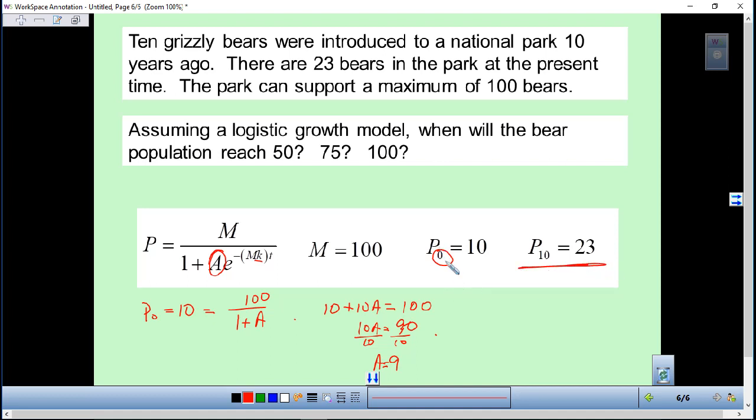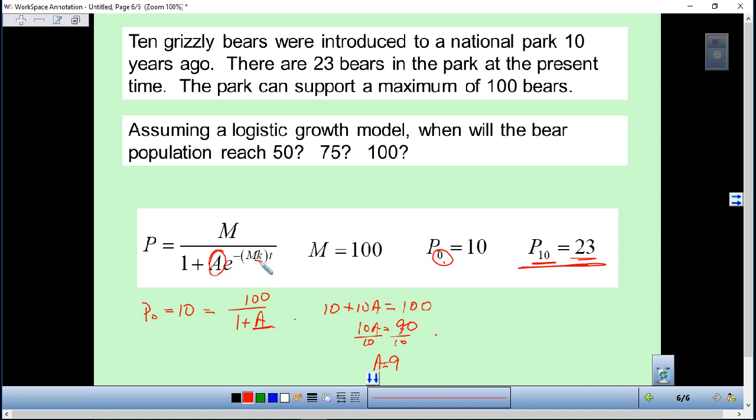So we use the initial condition to find out what a is. Then we're going to have to go back and find what k is by using some point along the way. How many were in the population at some point along the way? Now, this is the last part where it's really difficult.